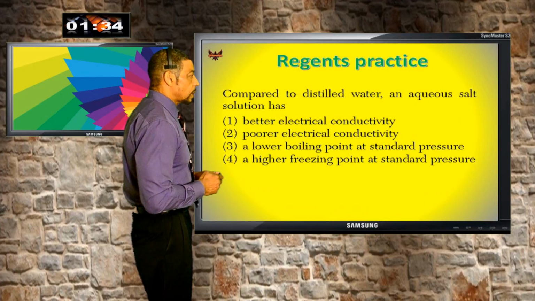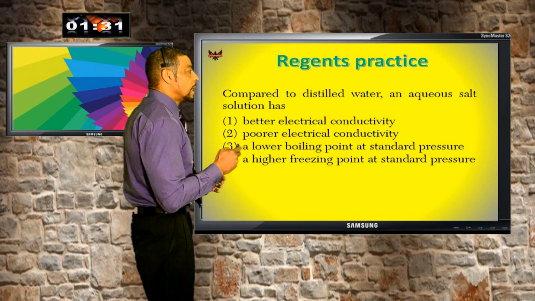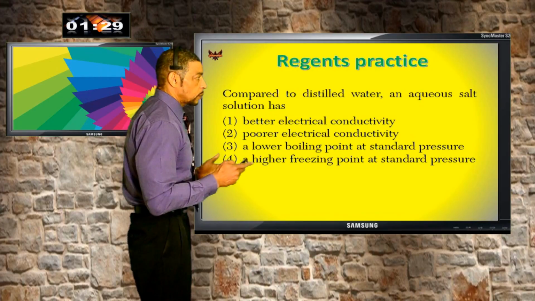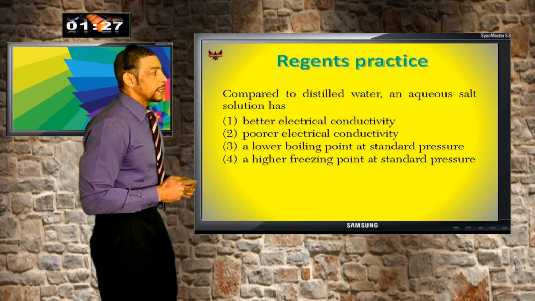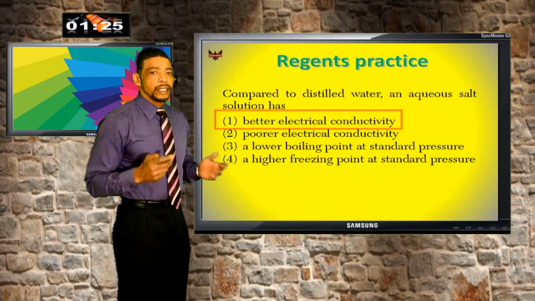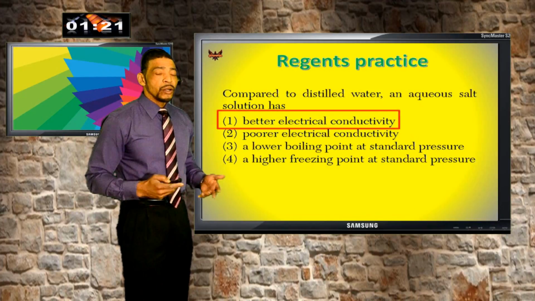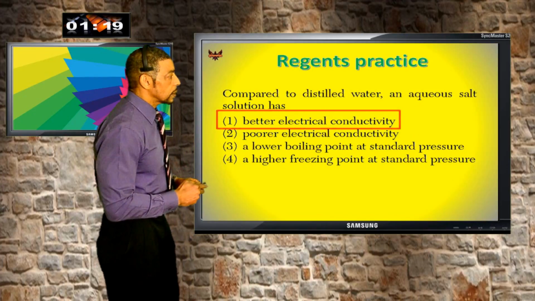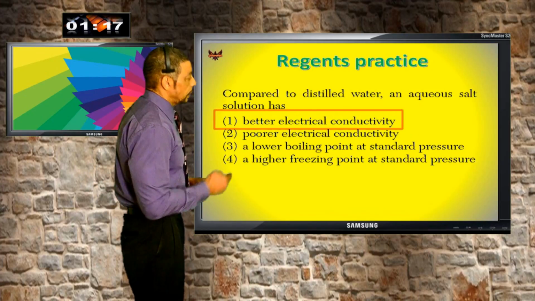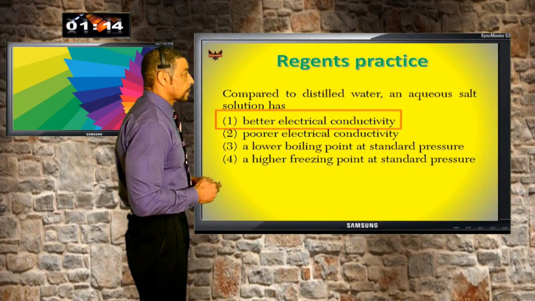Compared to distilled water, an aqueous salt solution has which of the following? Well, an aqueous salt solution will conduct electricity. Remember, aqueous ionic compounds are indeed electrolytes, so therefore they will conduct electricity. The answer to this question is 1.